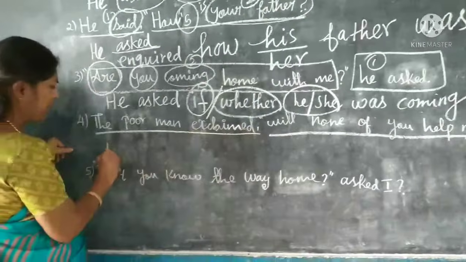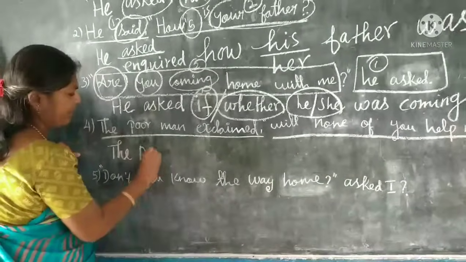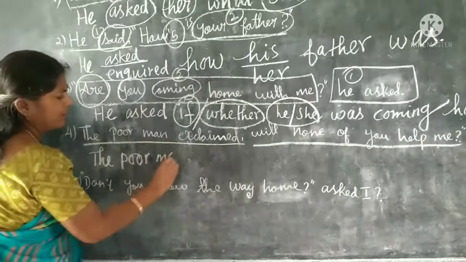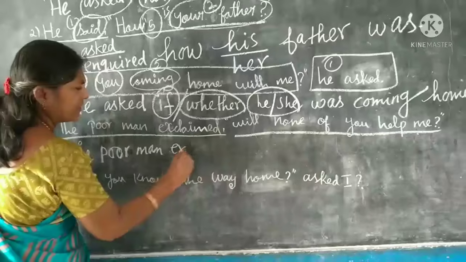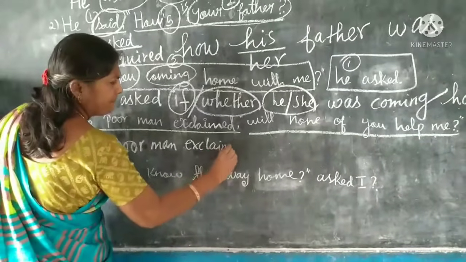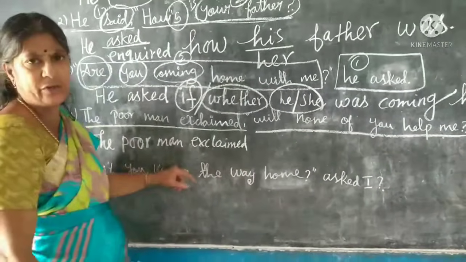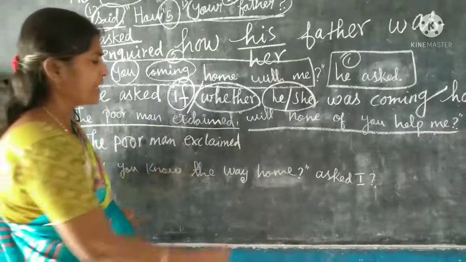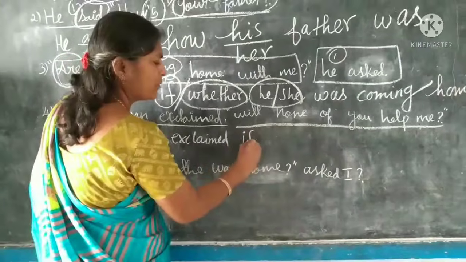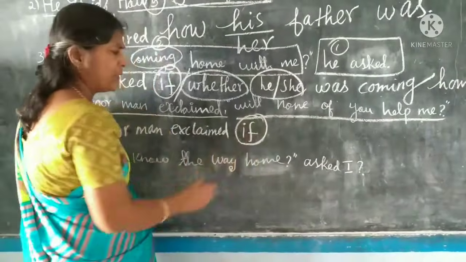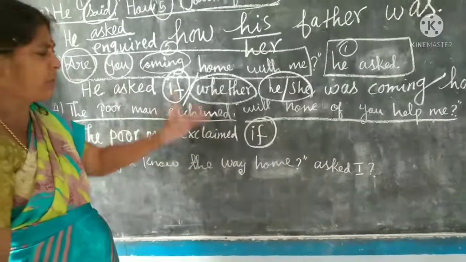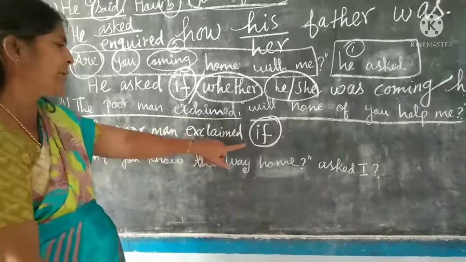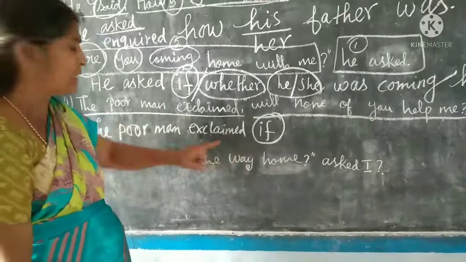Take the first one: the poor man exclaimed. Next, it is a verbal question. I told already, a verbal question takes either if or whether. So now I have written only if. You can write any one only.